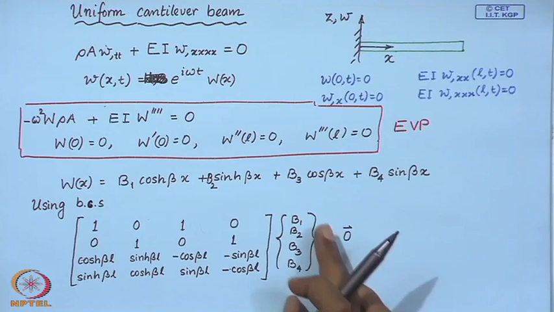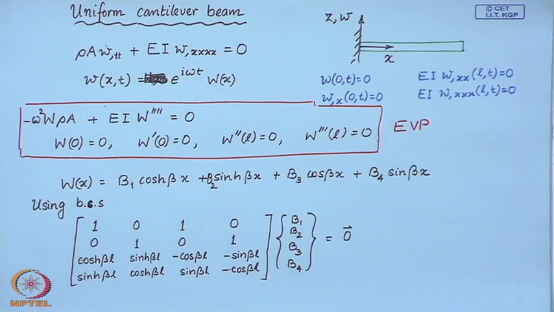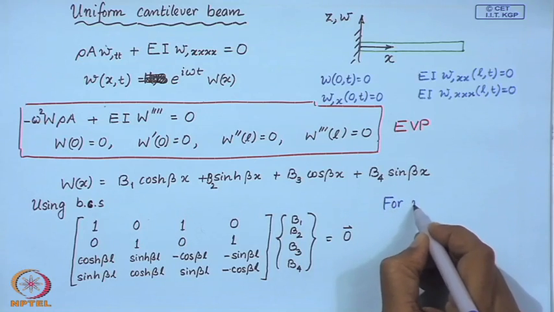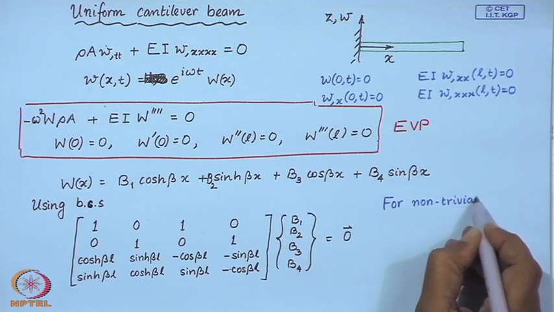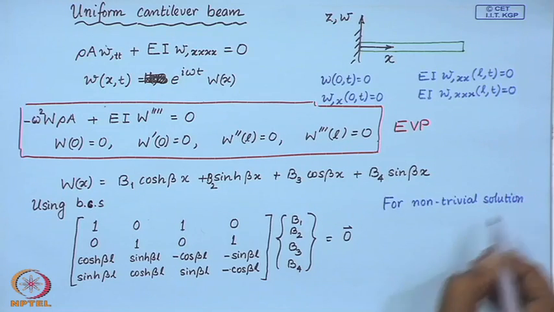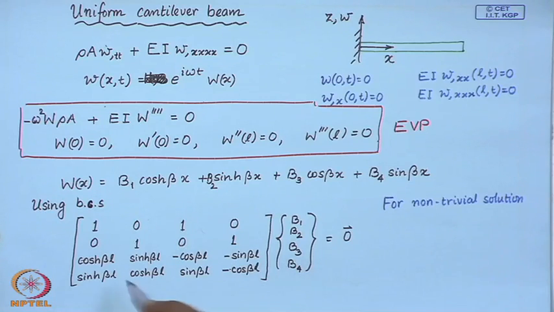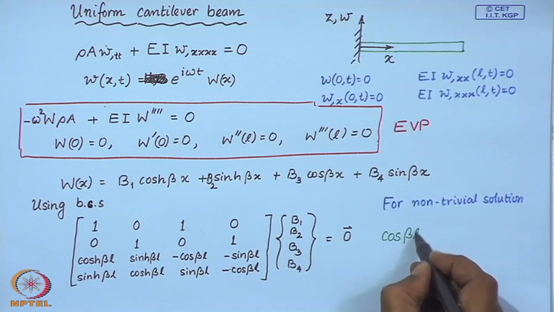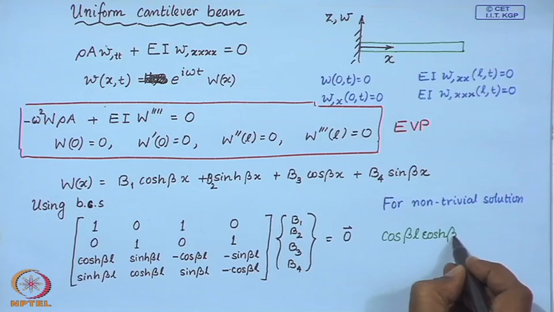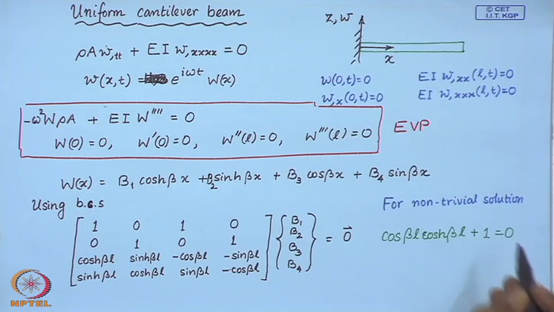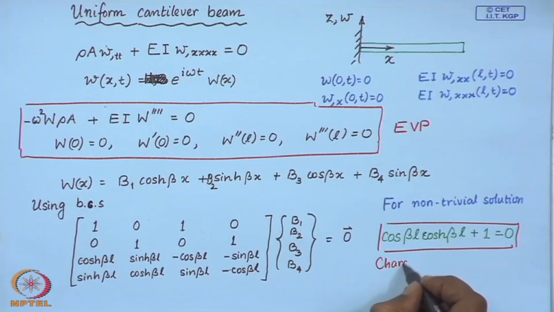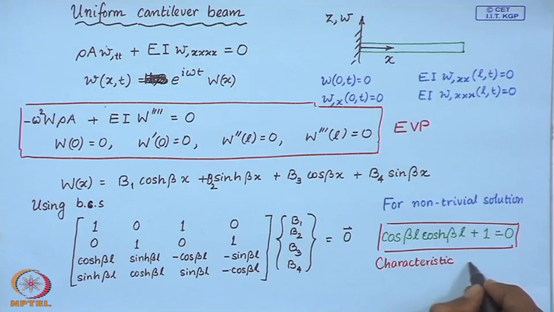So, for non-trivial solutions of B 1, B 2, B 3, B 4, the determinant of this matrix must vanish, and this leads us to, so if you calculate the determinant of this matrix, this is the characteristic equation for the cantilever beam.